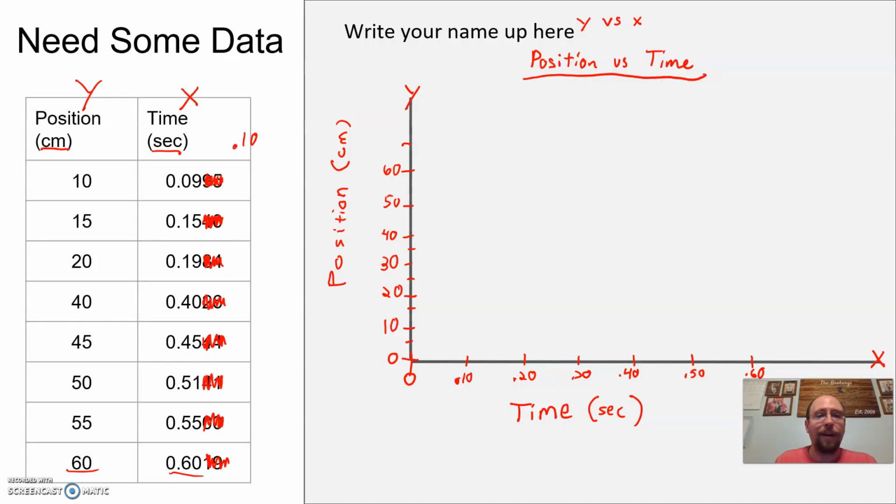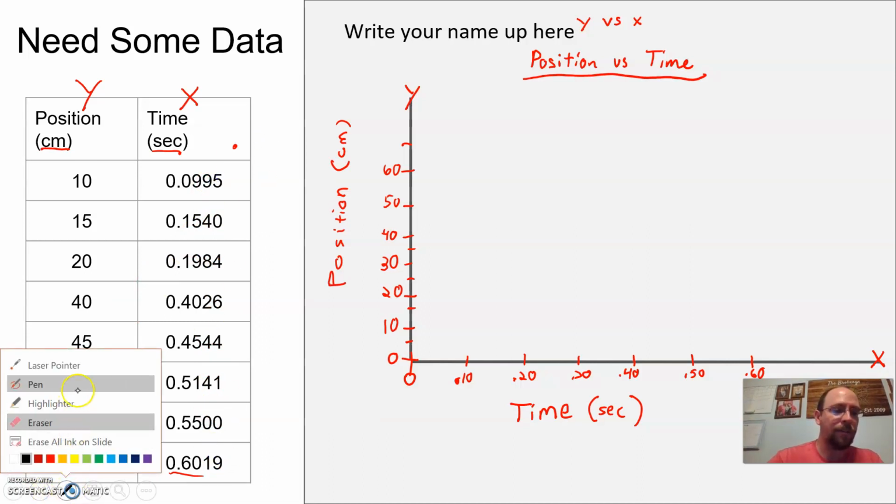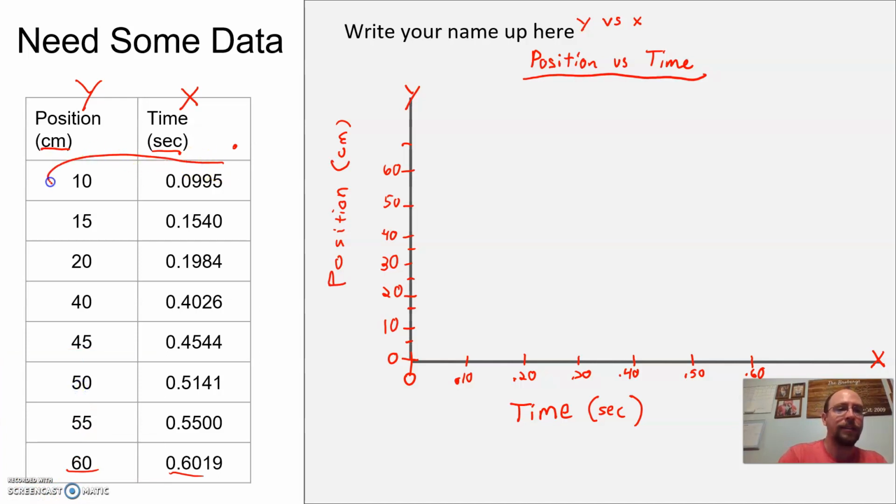Now we get to the fun part of actually plotting out our data points. For each data point, we can come back to our data and plot out our x and y's. You just have to make sure that you keep straight where your x is and where your y is. So when you see something like 0.0995, down here on the x-axis we don't actually see 0.0995.